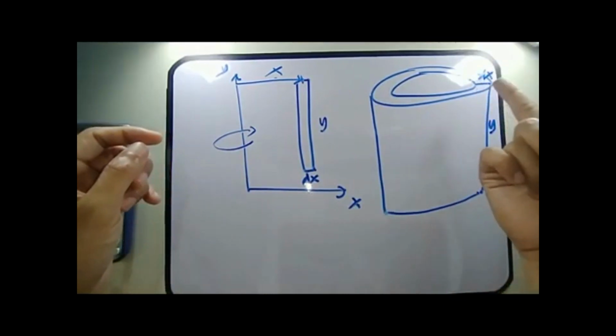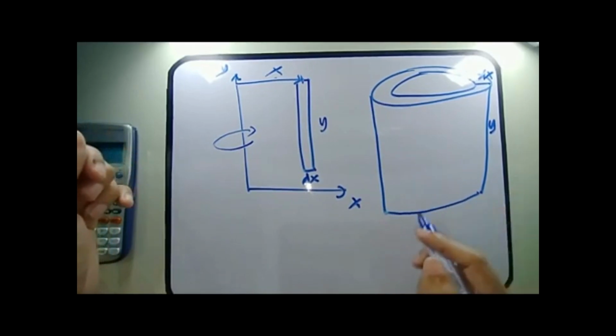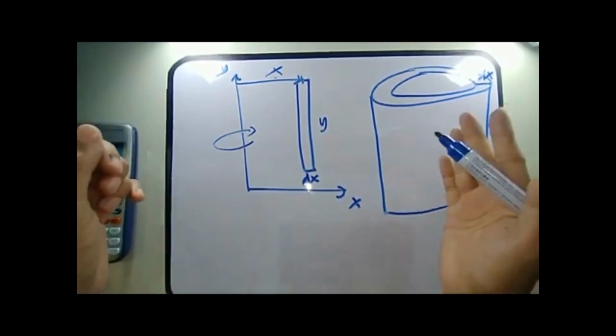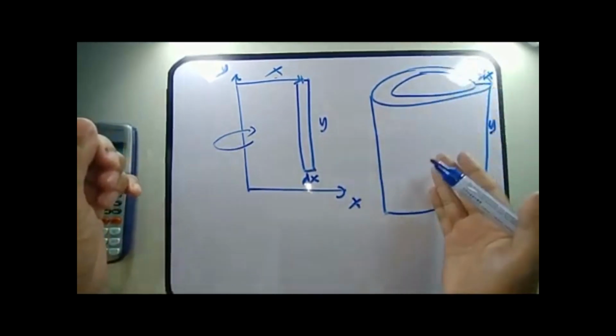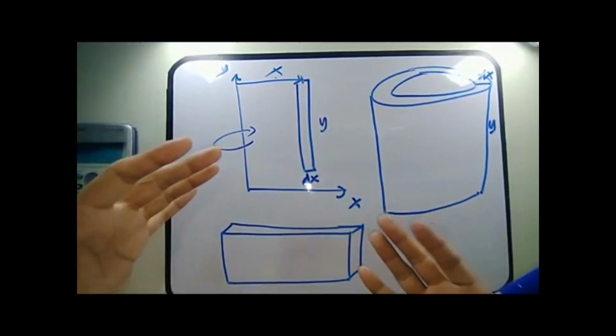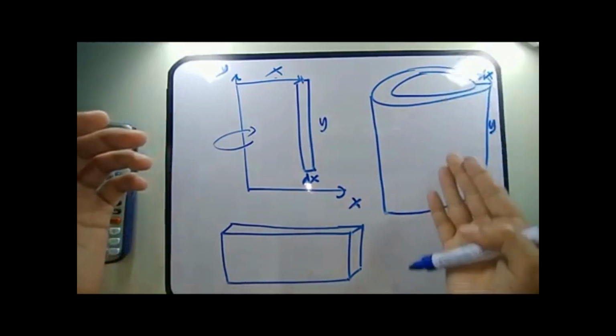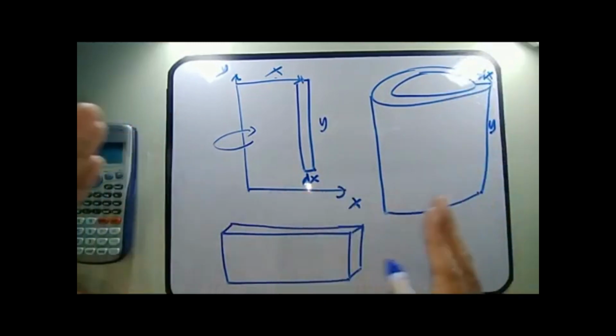Now, let's get the volume of this hollow cylindrical shape. We can cut it in the middle, guys, so we form something like a rectangular prism. This is the figure we form if we cut this hollow cylindrical shape in the middle. So we lay it flat.